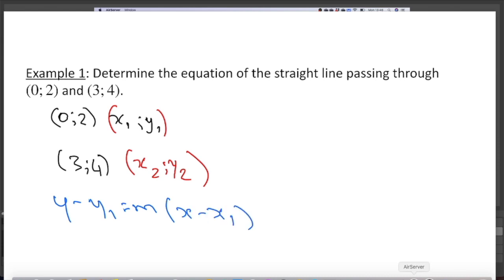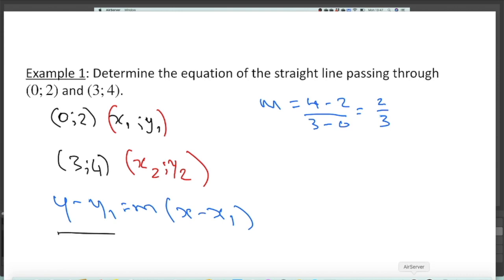So what is the gradient of this line? Right, so the gradient is y2 minus y1, which is 4 minus 2, divided by x2 minus x1, which is 3 minus 0, and that gives you 2/3. So the gradient of the line is 2/3. Now we will take that and take our x1, y1 and substitute into this equation.